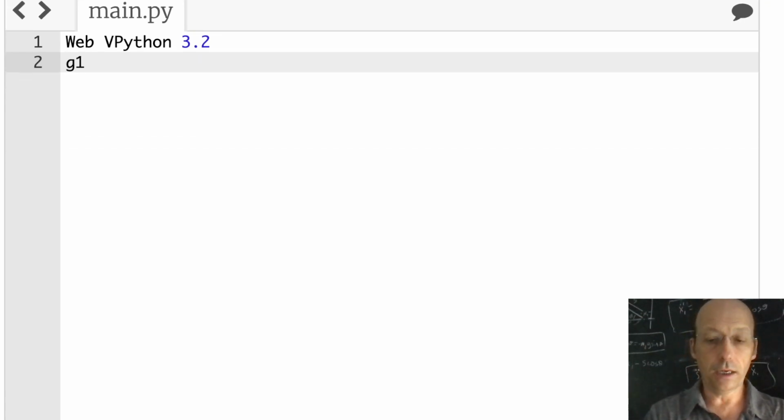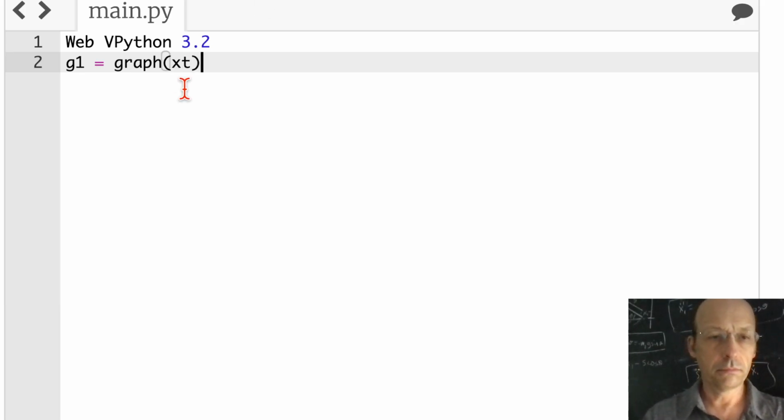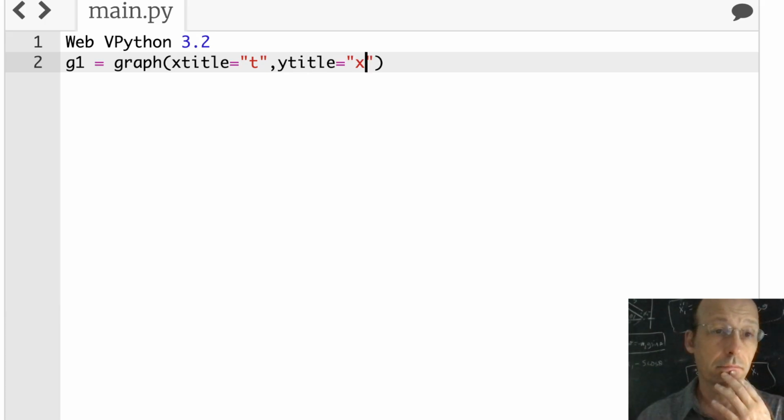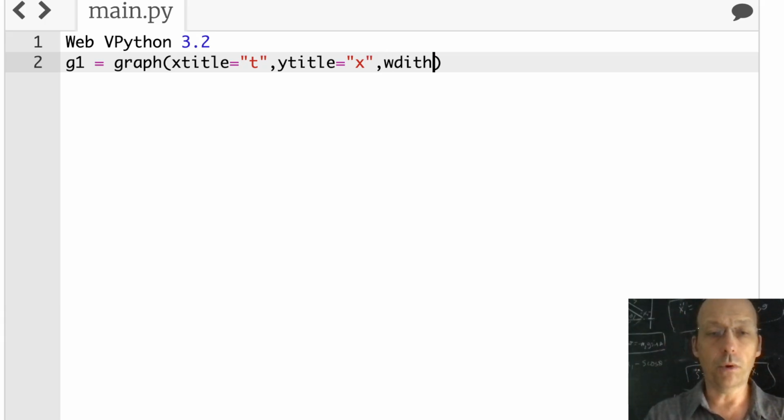Okay, so G1 equals graph. I'm going to need a graph. X title equals time. Y title equals, let's just plot X. Yeah, we're going to plot time versus X. And then I'm going to give it a width, spell it right, equals 400.